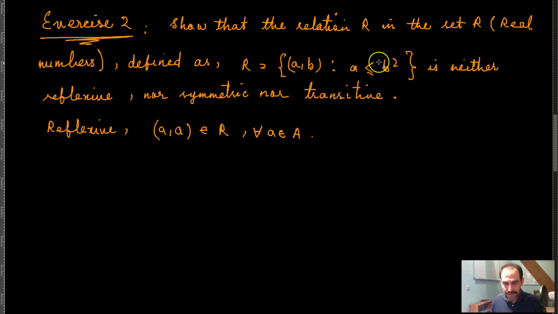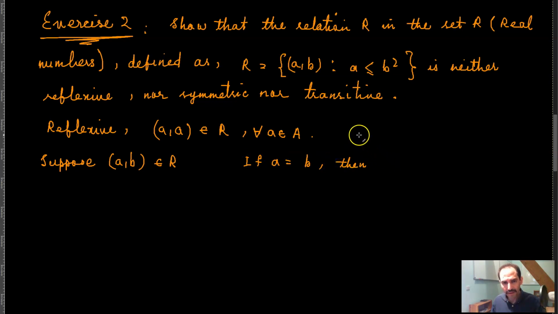Which is not possible because, suppose that A comma B belongs to R. Now in this situation, if A can be equal to B, then you can say that A comma B is equal to A comma A, for example, which means that R is reflexive.